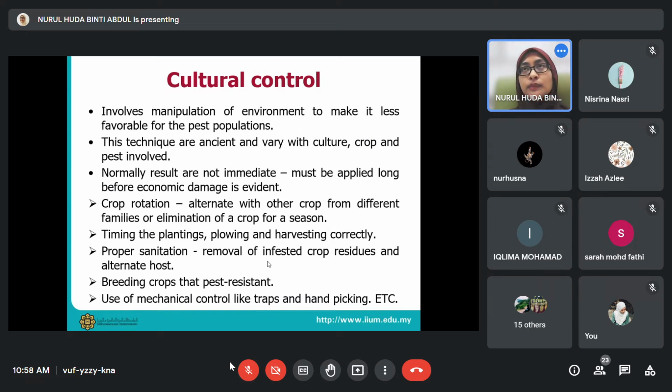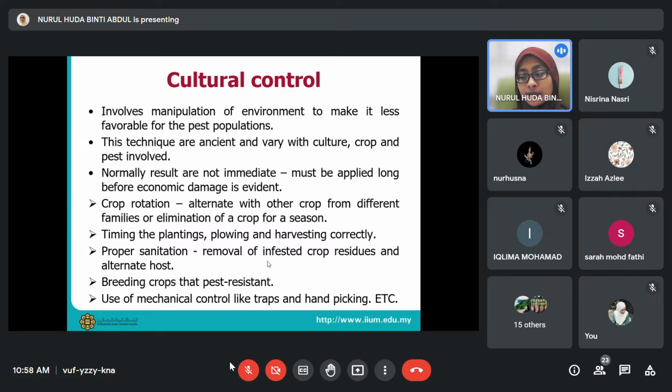But when you planted mango, okay, so for cultural control, mungkin you have to bagging the fruit so that fruit fly tak pergi serang your mango lah. So the technique for cultural control is depend on the crop as well as pest involved.